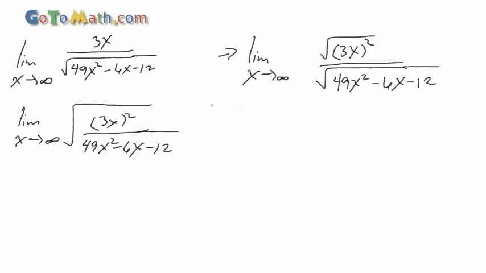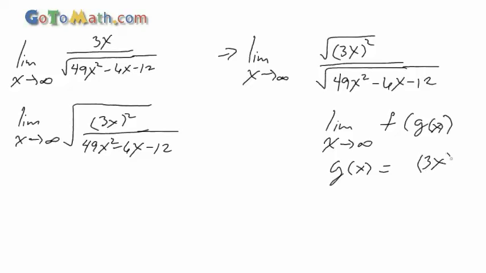Now, you could think of this as the limit as x approaches infinity of f composed of g of x, where g of x is this inside piece right here, 3x quantity squared over 49x squared minus 6x minus 12.